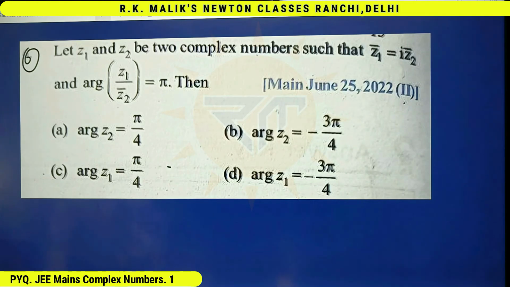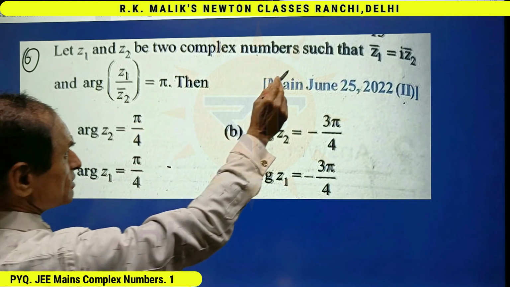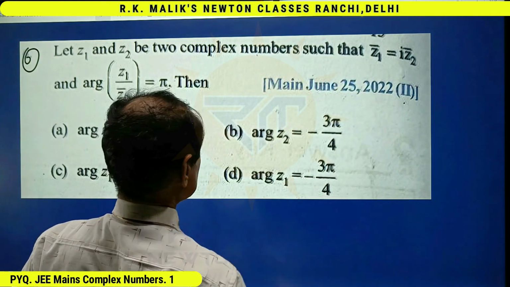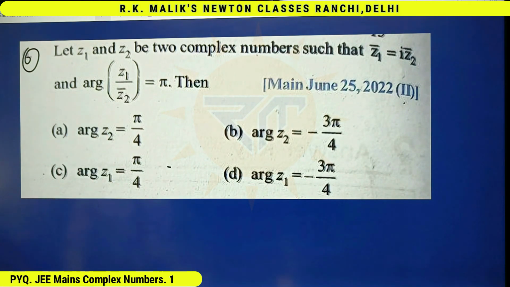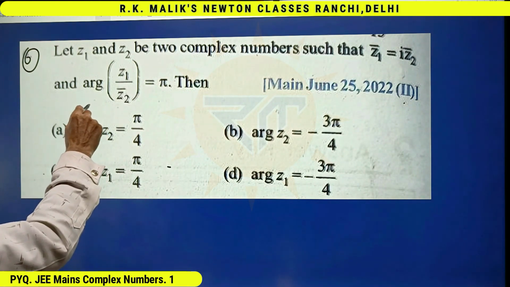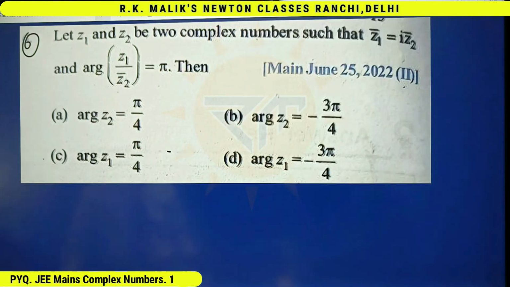In this question, it is given that let z1 and z2 be two complex numbers such that z1 bar is equal to i z2 bar. Then the argument of z1 upon z2 bar is pi. Then you have to find the correct choice.